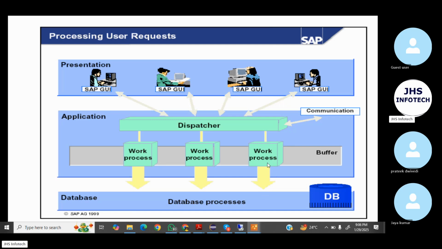So the processing is done from each system. At any given point of time, one work process can take up only one work at a time. If the dispatcher is not able to control the load and the work processes are not enough, we can immediately increase the dispatchers and the work processes.